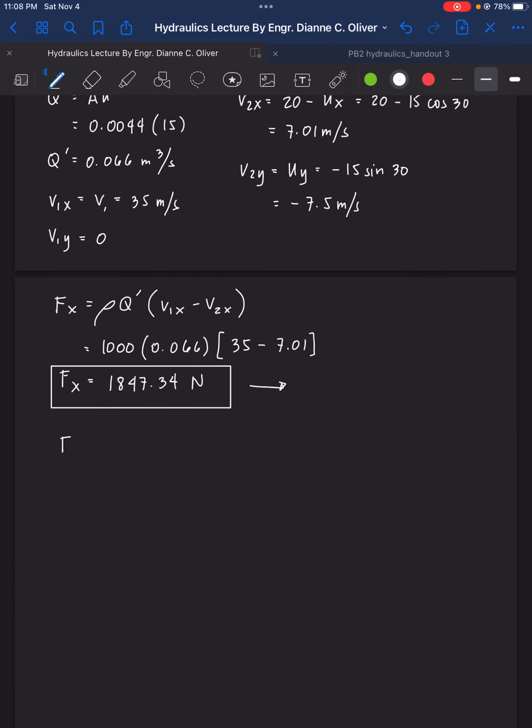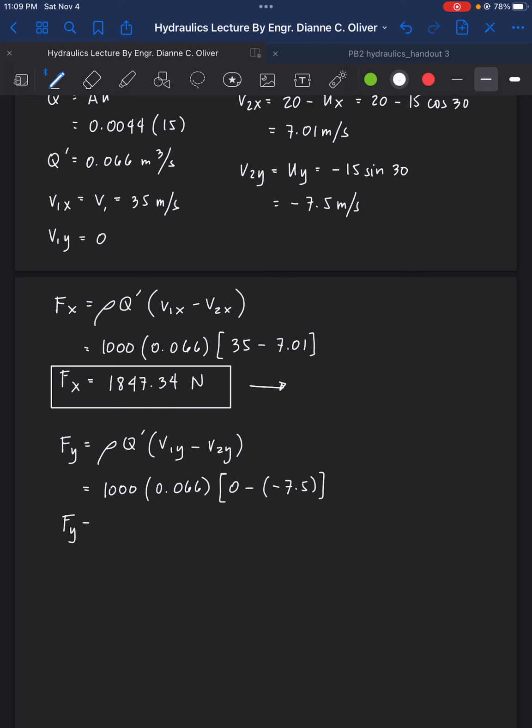Next, we have our Fy is rho Q prime times V1y minus V2y. So that is equal to 1000 times 0.066 times V1y is 0 minus negative 7.5.